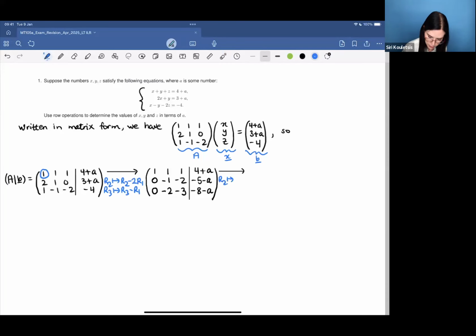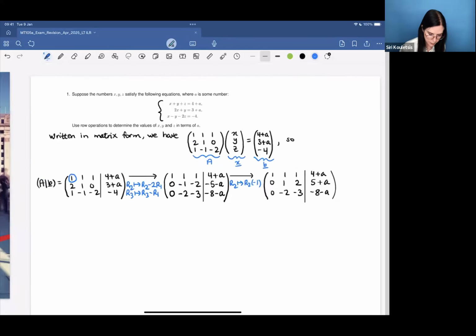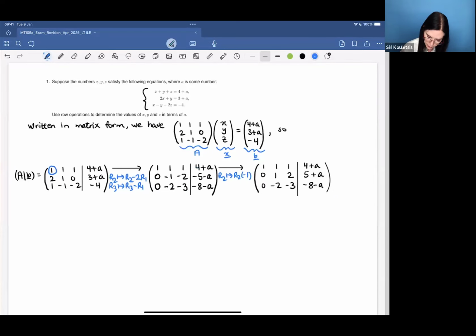And we're just multiplying row 2 by minus 1. Okay, so now we have our second leading one.